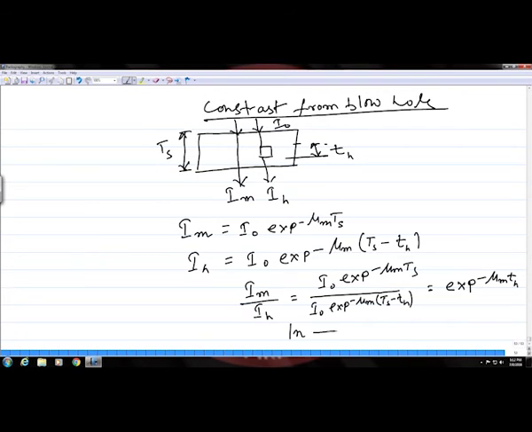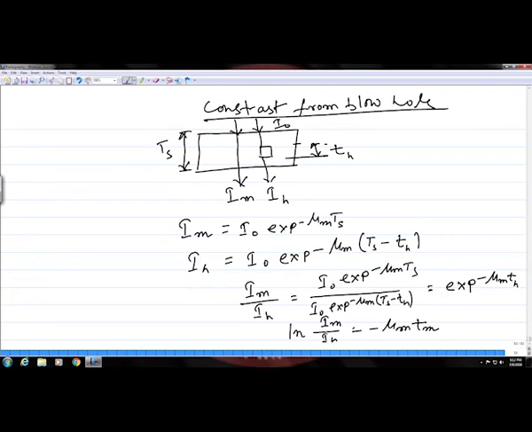So, in this case ln Im by IH will be simply minus mu m Tm.